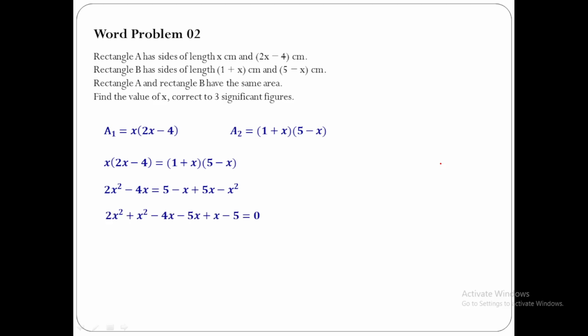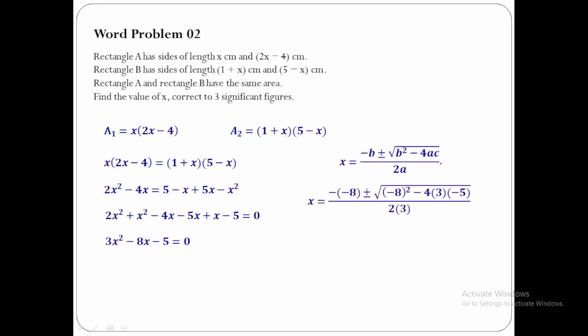Then we can group the common terms, and we get 3x squared minus 8x minus 5. In that, a is 3, b is negative 8 and c is negative 5. Then we can substitute the values over there.